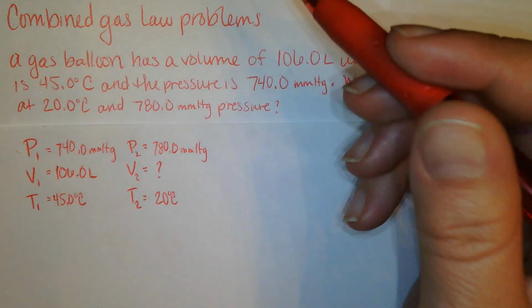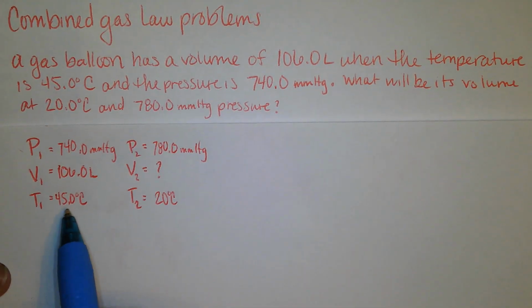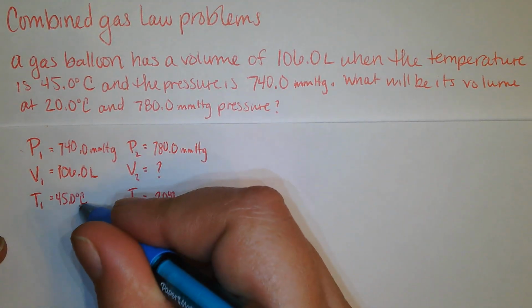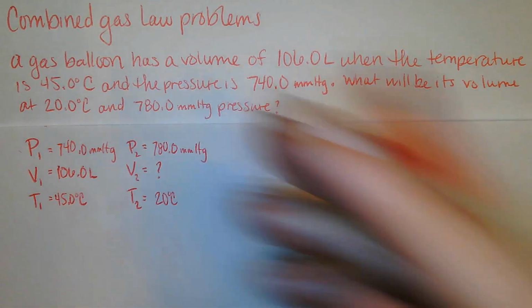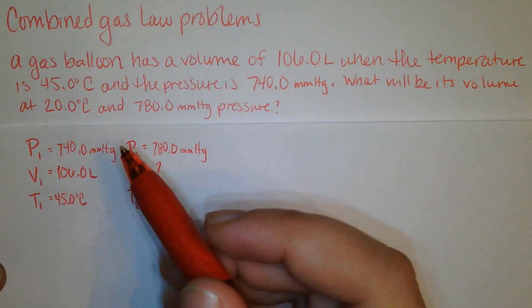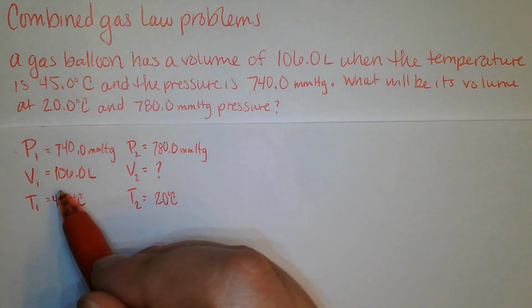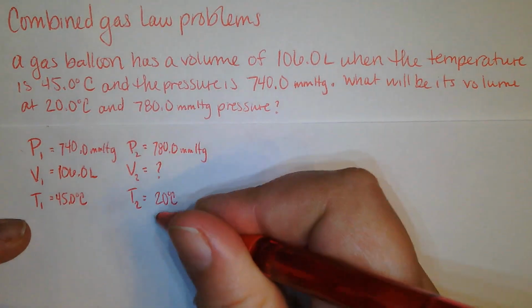Okay. So first thing, you have to remember this. We cannot do any calculations while our temperature is in Celsius. It must be in Kelvin. So if you remember to turn this into Kelvin, all we do is take Celsius plus 273. So 273 plus 20 is going to be 293.